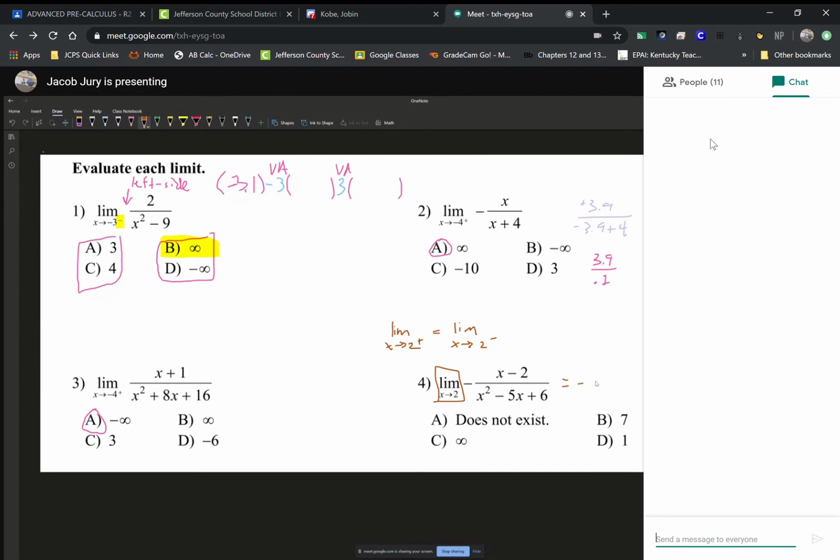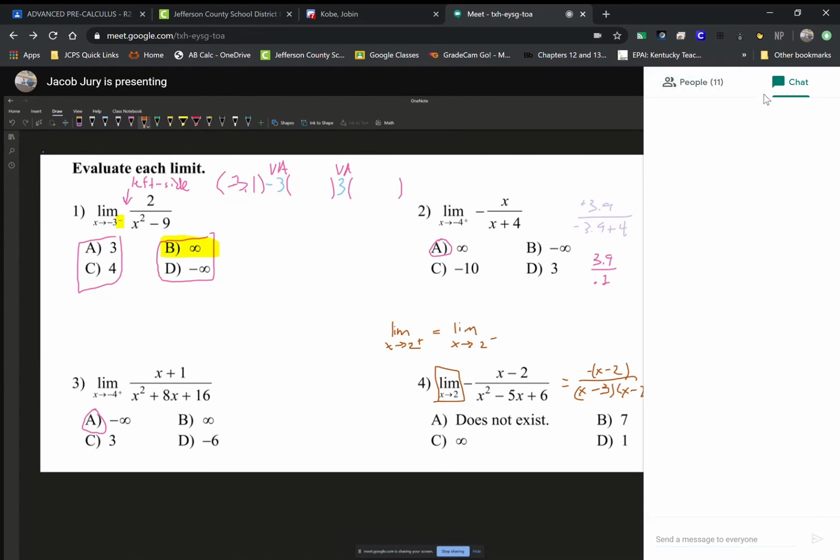It'll tell us where to go with it. So I've got negative x minus 2 on top, and then I factor the denominator: x minus 3, x minus 2, and at this point you should be like, oh yeah, I remember these rational functions.